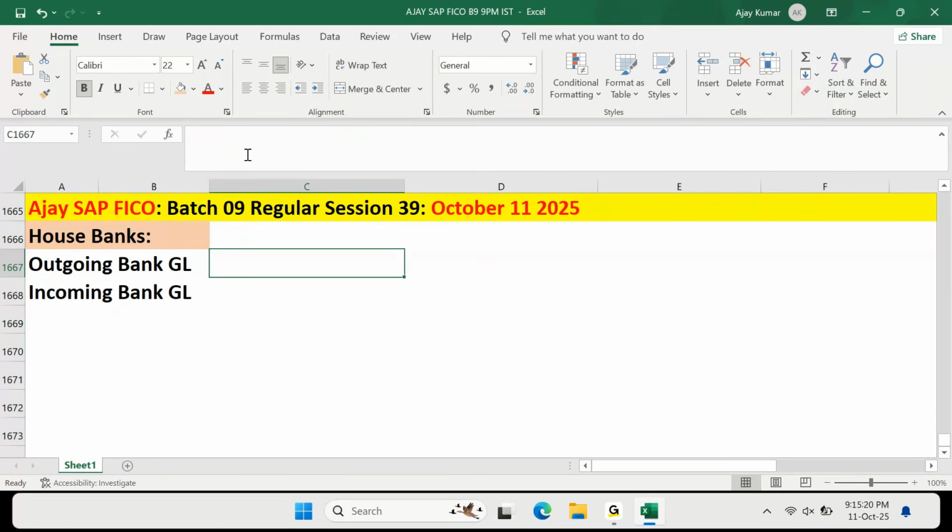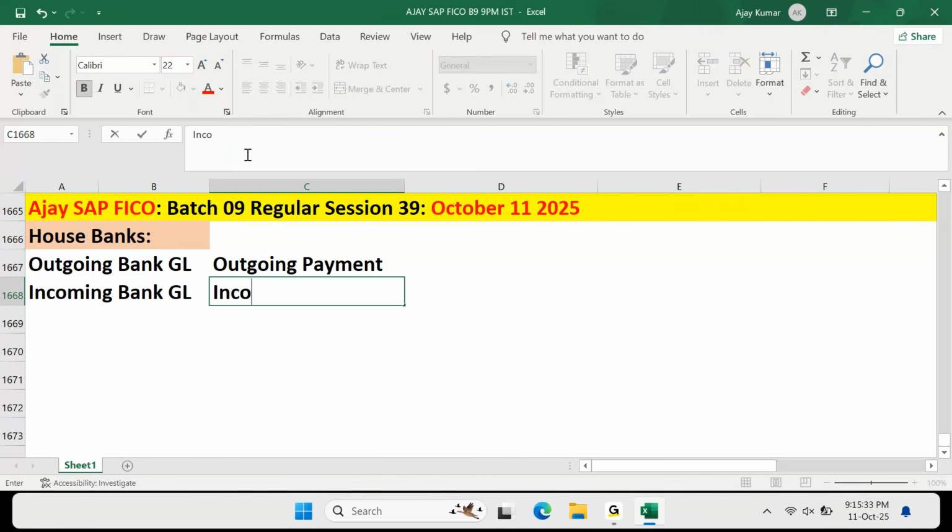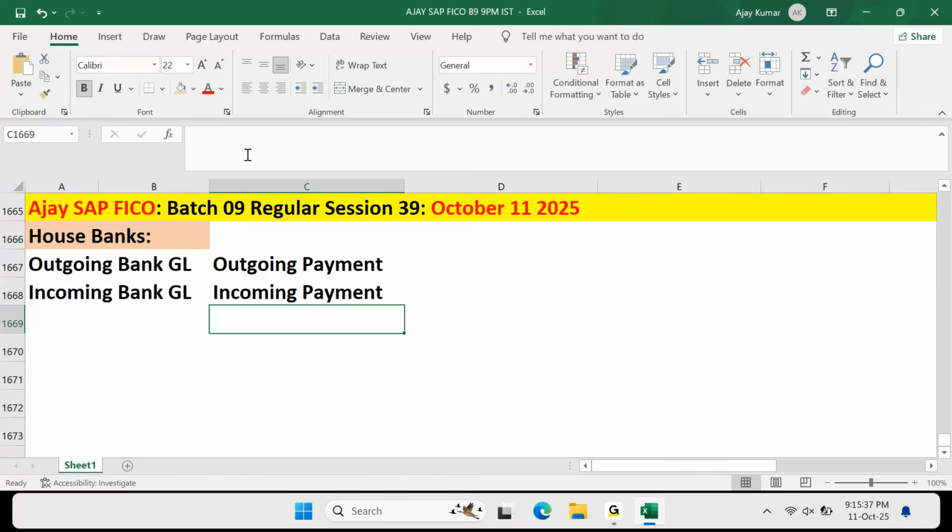Outgoing bank GL account is also called outgoing payment. Incoming bank GL is called what? Incoming payment. Right? Outgoing bank GL we call it outgoing payment. Incoming bank GL we call it incoming payment.